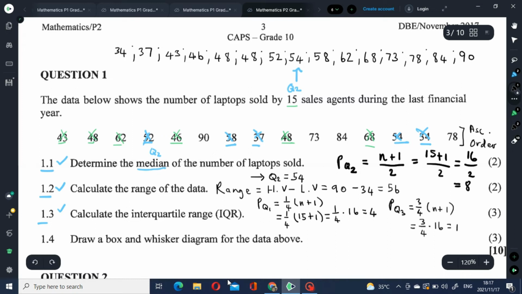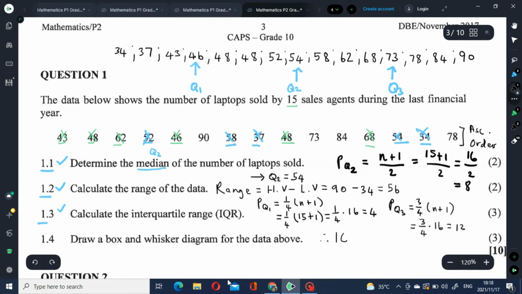But first let's look for the third quartile. That's position 12, right? Remember the third quartile is 3/4 of the total number of elements plus 1, which gives us 12. So let's mark Q1 and Q3. It's important that to locate these quartiles, we are familiar with the formulae for finding the positions of the quartiles.